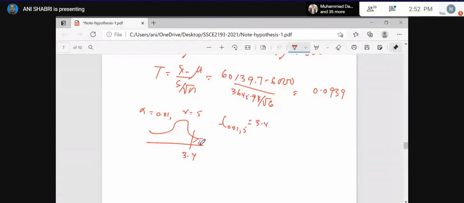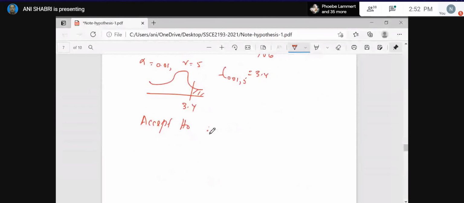When we accept H0, it means we just take the value as known. From the calculation, we get mu less than 60.